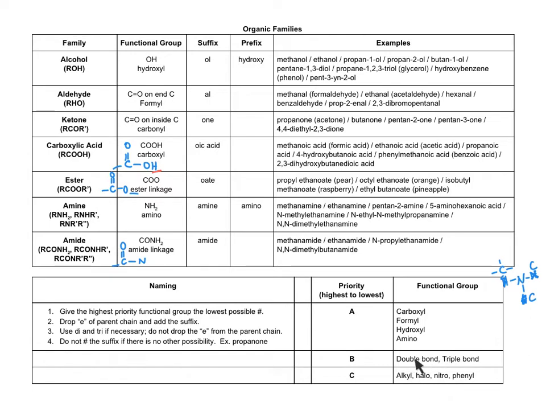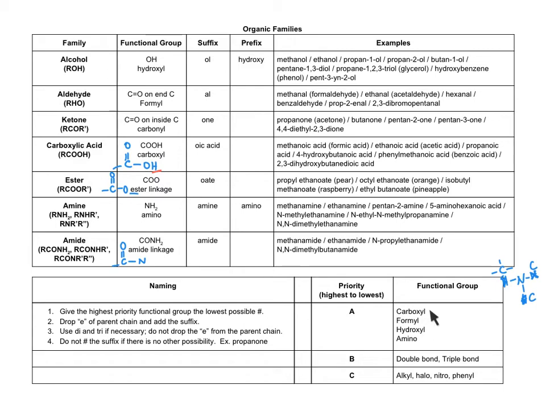When double or triple bonds are present, then we have alkenes and alkynes, and they take higher priority, and so we will always number to give the double or triple bond the lowest possible number when we have any of these substituents indicated here in C, in the presence of a double or triple bond. And again, you've already been doing questions with those. So really what's new is these ideas here.